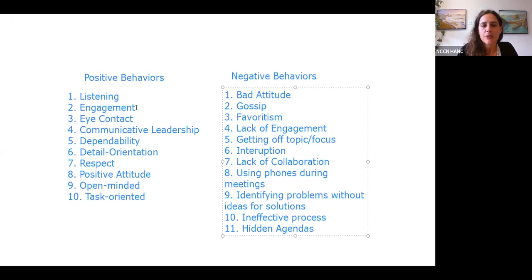And it looks like right now, respect and positive attitude are in the lead. So I'll give you another 10 seconds for those folks who want to participate. Looks like we have most.